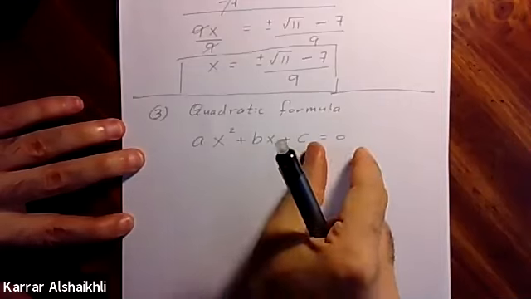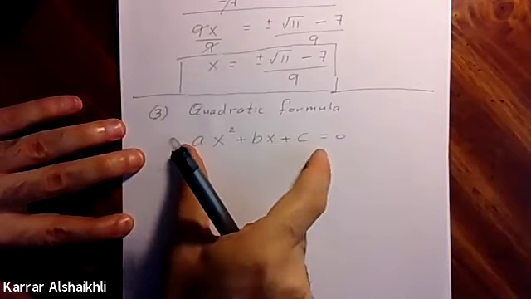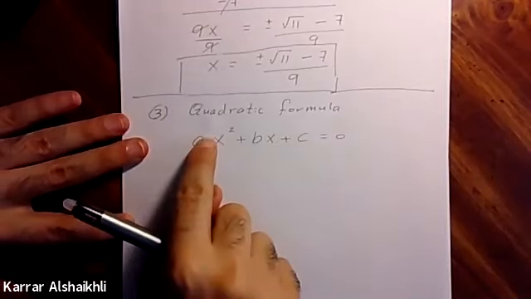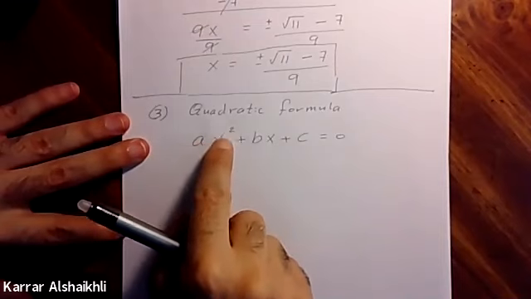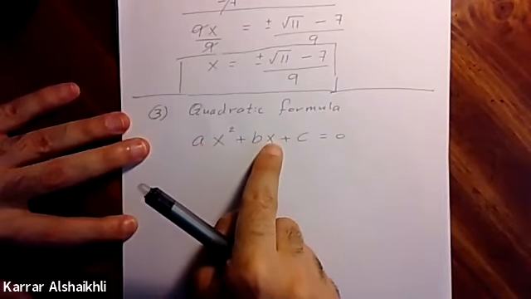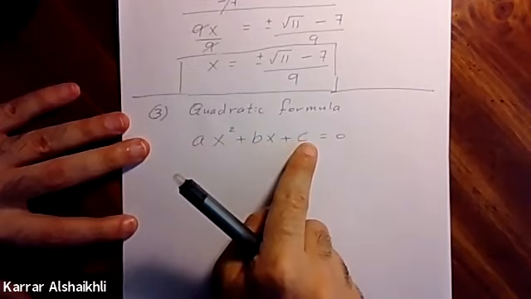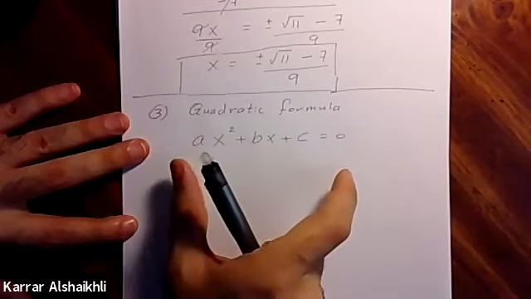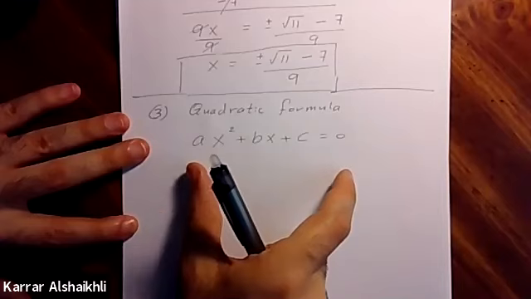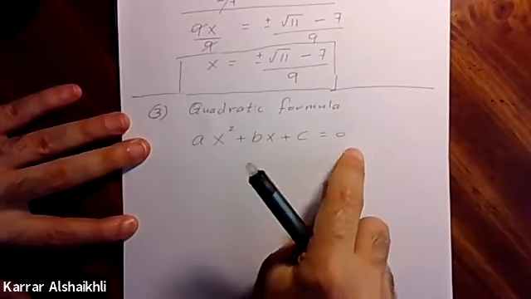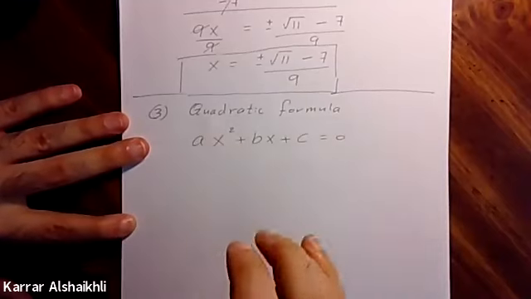So you have to make sure everything is on this side. A is the coefficient with the x squared, b is the coefficient with the x, c is the number by itself. I have to make sure everything is written exactly the same. If you have a number on the other side, you have to move it to this side.